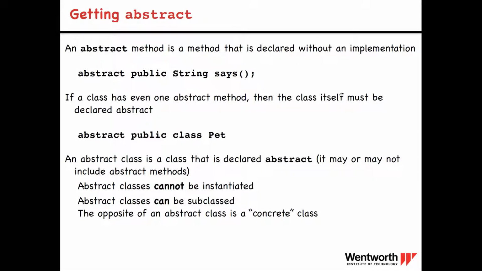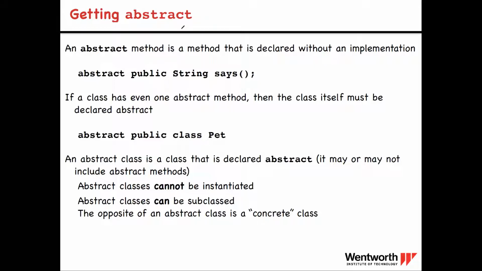So there's a new keyword, abstract. It has two contexts, for methods and for classes. As you might guess, we will be making two things abstract, a class and one of the methods within the class. An abstract method is a method that is declared without an implementation.